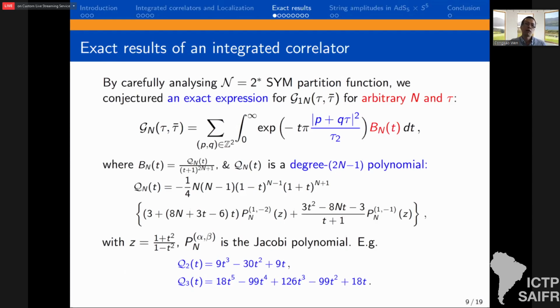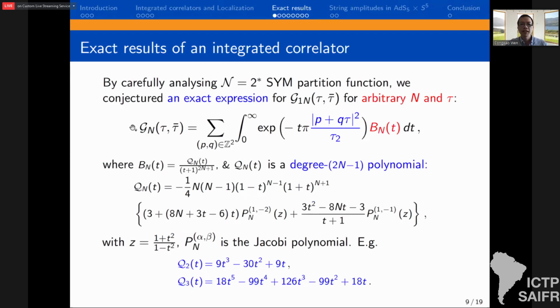Without going into any detail, we analyzed this localization formula very carefully, especially the Nekrasov partition function. By studying a lot of examples, we observed some patterns that allowed us to conjecture an exact expression for the first integrated correlator for arbitrary n and arbitrary coupling.